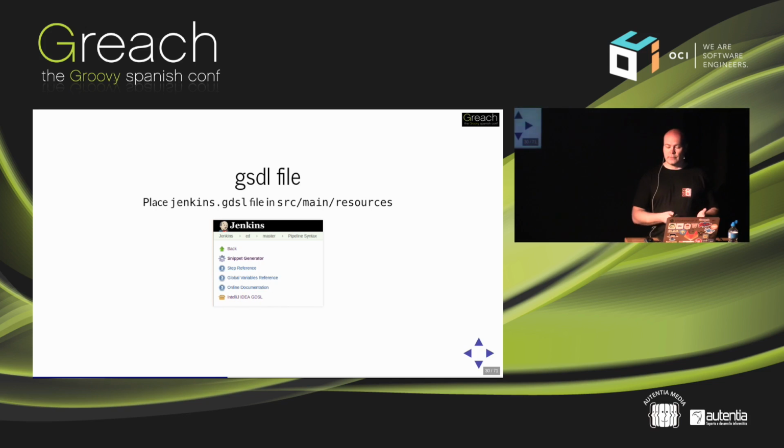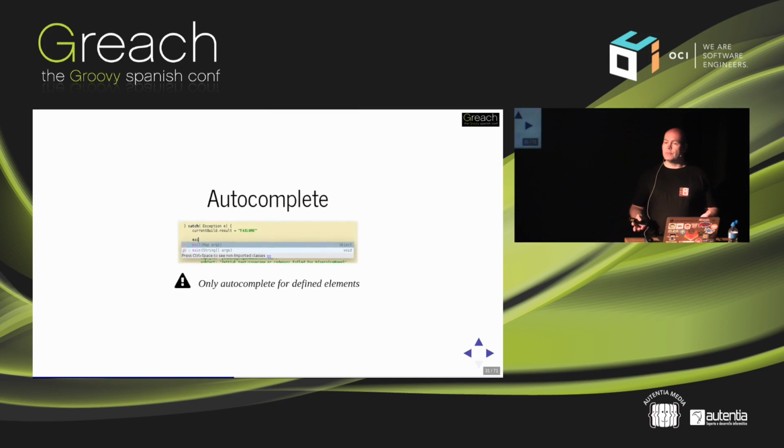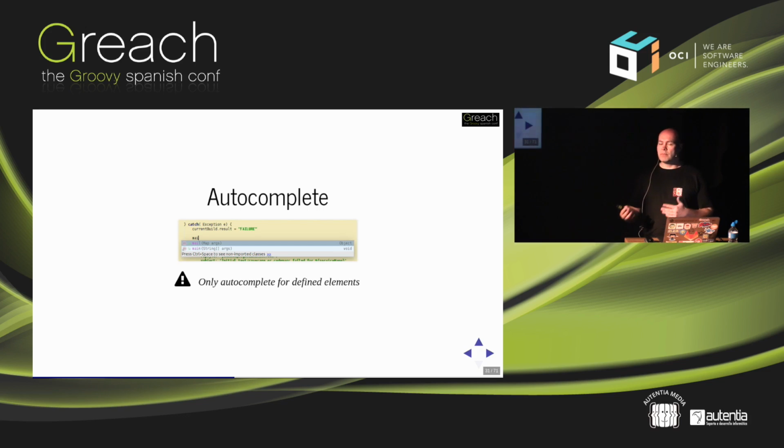And you can download that from inside Jenkins and place it in source main resources, and your editor now has at least some syntax auto-completion. This, of course, only works for the steps that are defined, so whenever a new plugin is installed, it might not be supported in this file. But it's a great help when you're new and writing pipelines.